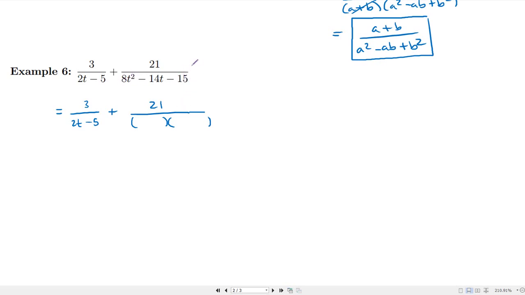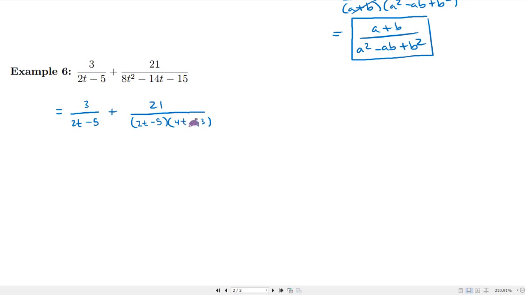Luckily, negative 15 doesn't have very many multiplicative possibilities, right? The factors of that are 5 and 3. And since we're getting a negative, probably the minus 5 and the plus 3 would be good choices. And then we could try to make this work with the 8t squared. If we want a minus 14t, this is, again, by trial and error.